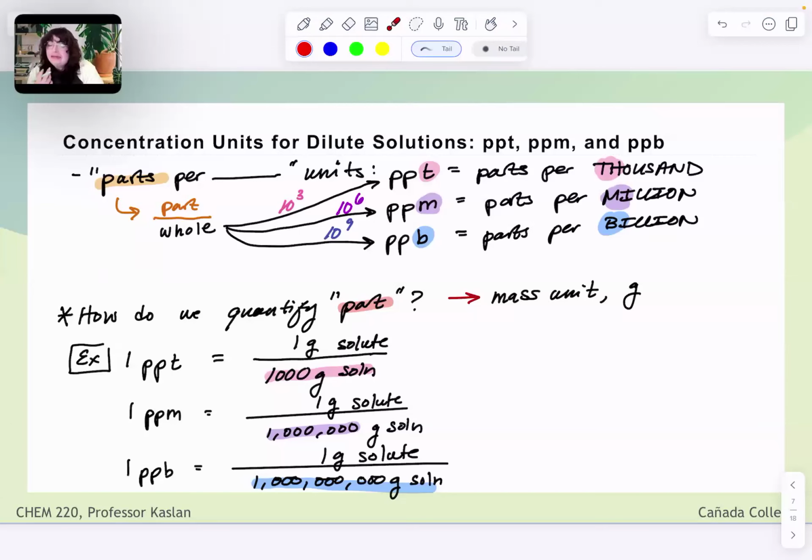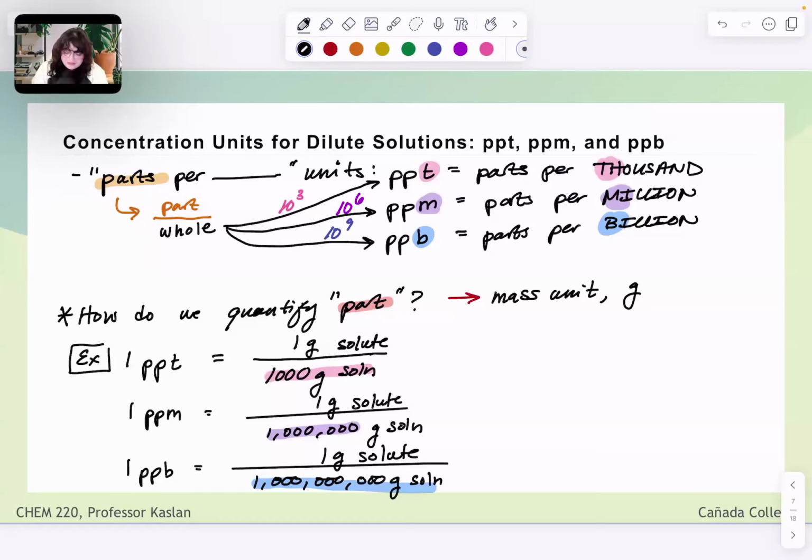A million grams, that's where things get kind of big. 1 million grams of solution is 1,000 kilograms of solution, so pretty heavy. And then 1 billion grams of solution, that's even more insane, right? That's 1,000,000 kilograms. So how can we massage these units so that the part per unit doesn't lock us into these insane masses of solution?